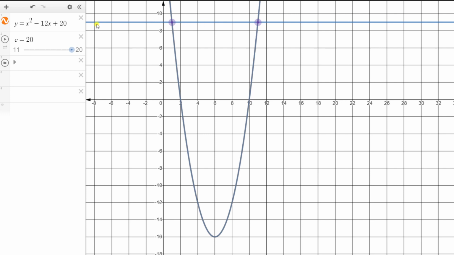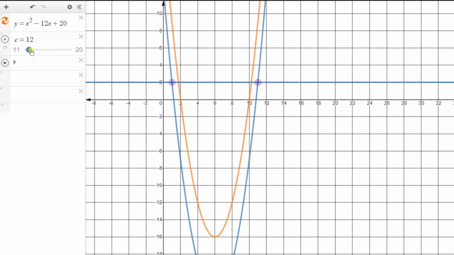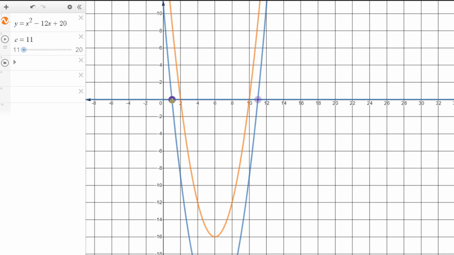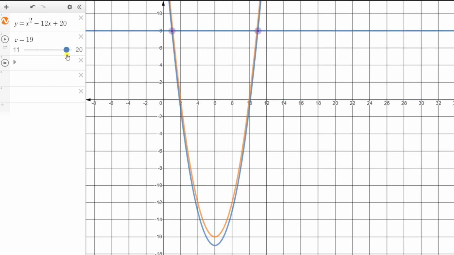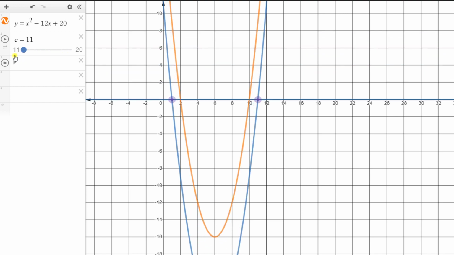What we just did in my work was we subtracted 9 on both sides. Well, if we're going to subtract 9 from our graph, watch what happens. So I've subtracted 1, 2, 3, 4, 5, 6, and now I've subtracted 9. You can see that my parabola, the original parabola being the orange one, traveled downwards because I subtracted 9.